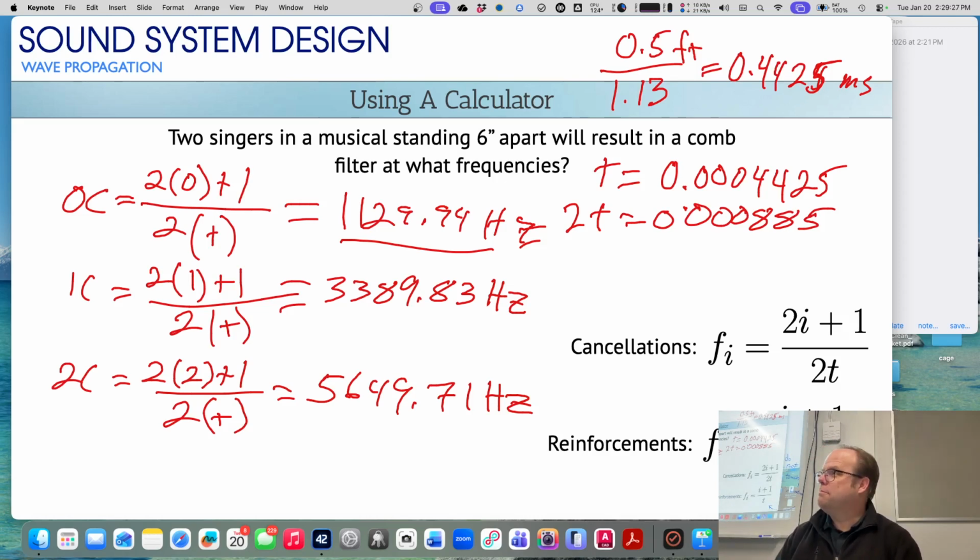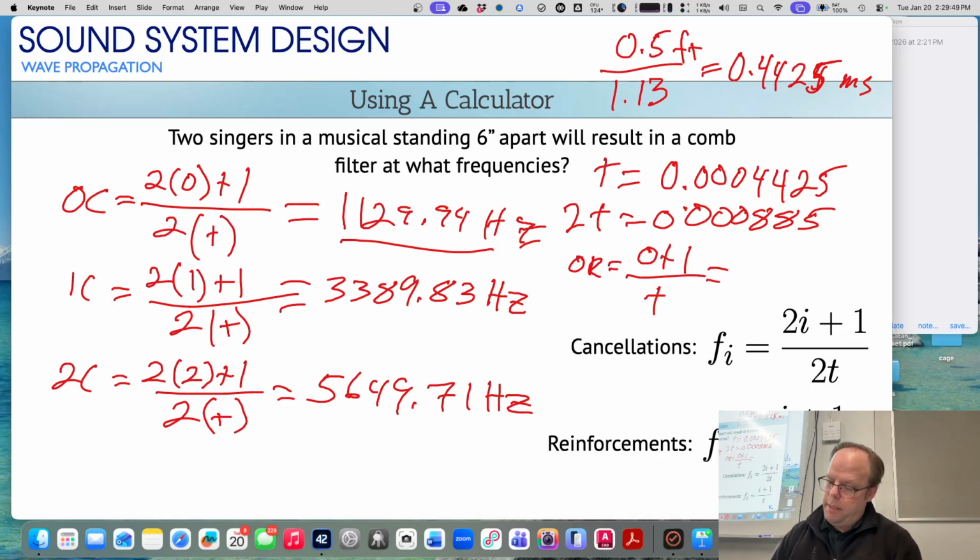Yeah? Okay. Should we do some reinforcements? Sure. I'm running out of space here on my screen. So the zeroth reinforcement is going to be 0 plus 1 divided by t.